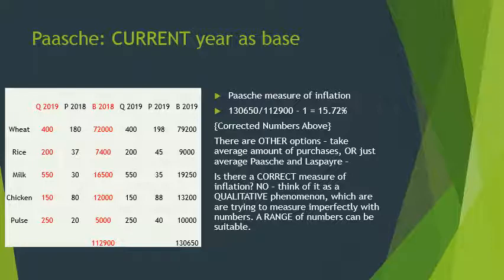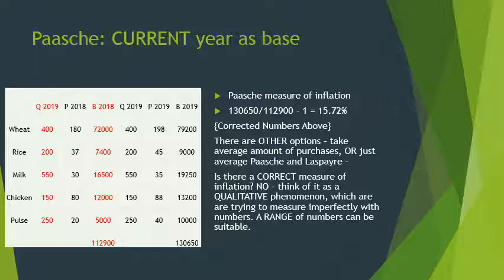And so this gives us a new budget for 2018 based on the question: how much would these things that I purchased this year have cost me last year if the prices were the same? So that comes out to now 112,900.